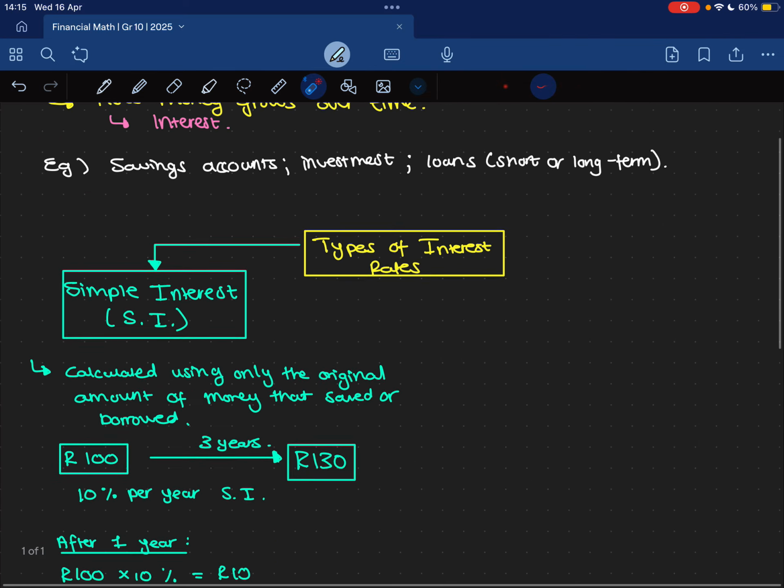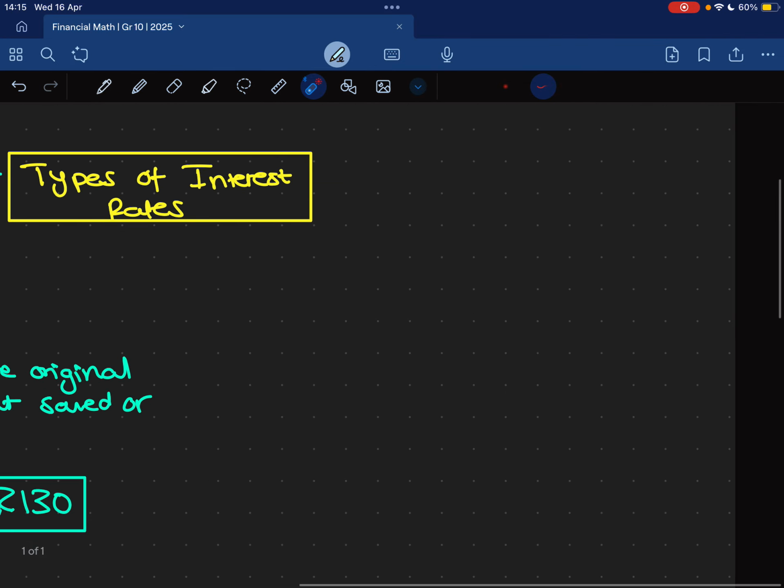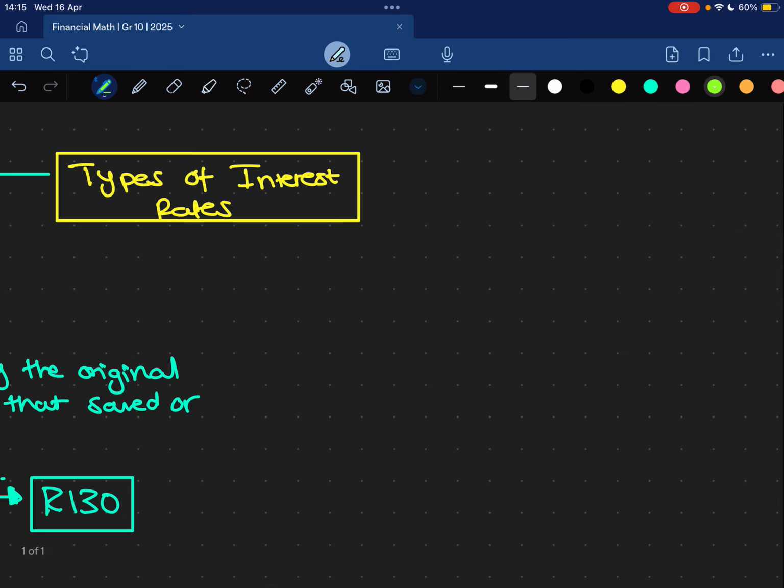Okay, now let's look at the other type of interest. So the second type of interest is compound interest.